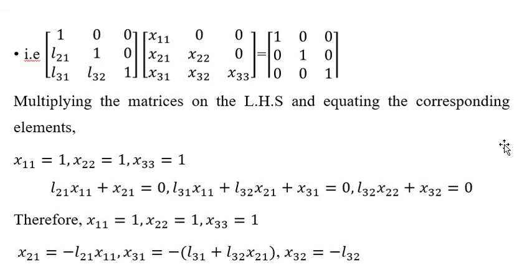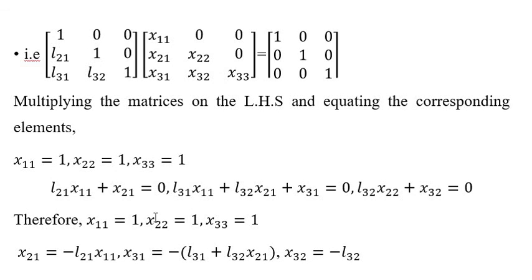So, consider the equation of the form L into X equal to I. Now, multiply the matrices on the LHS and equate the corresponding terms on the RHS. So, we get x11 equal to 1, x22 equal to 1, x33 equal to 1, and also L21 x11 plus x21 is 0, L31 x11 plus L32 x21 plus x31 equal to 0, and L32 x22 plus x32 equal to 0.